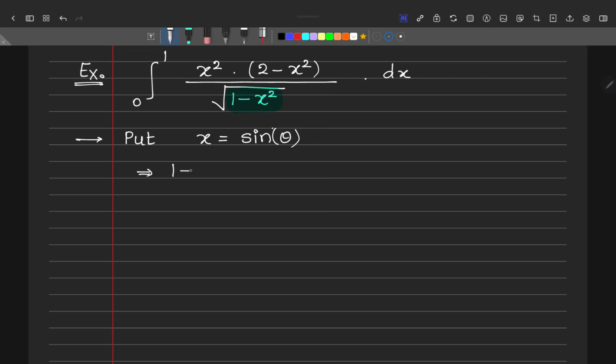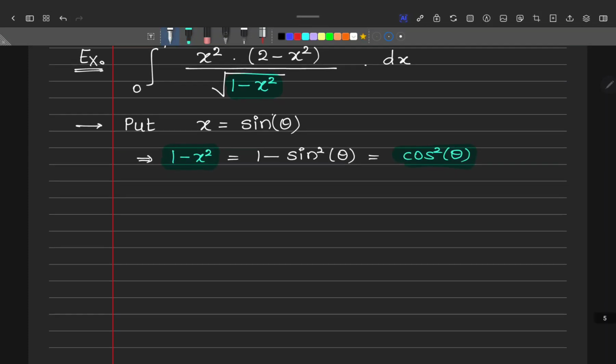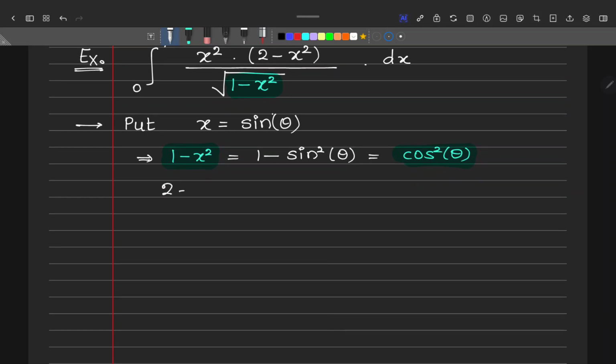So the value of 1 minus x square will be 1 minus sine square theta, and 1 minus sine square theta will be cos square theta. So this is the value of the denominator term. Similarly, if you take 2 minus x square, we can write it as 1 plus 1 minus x square.